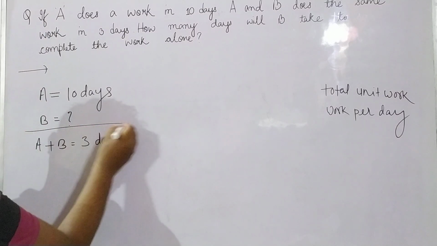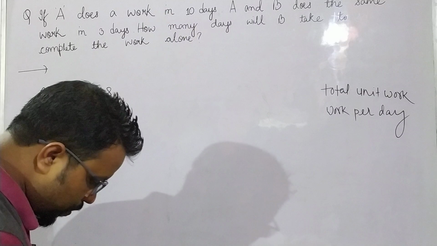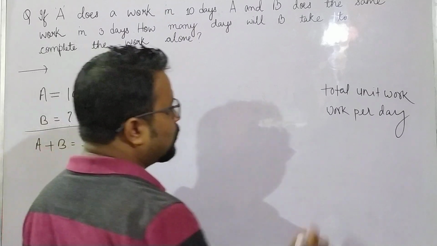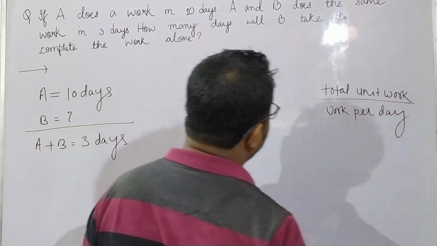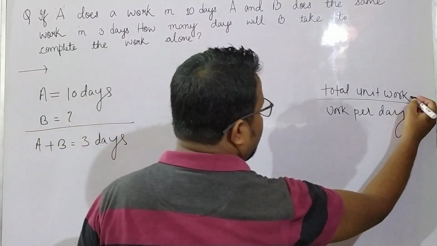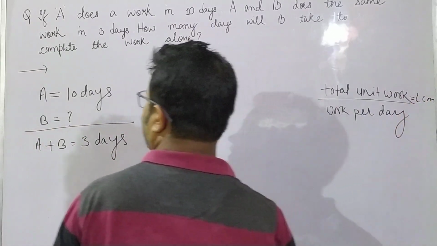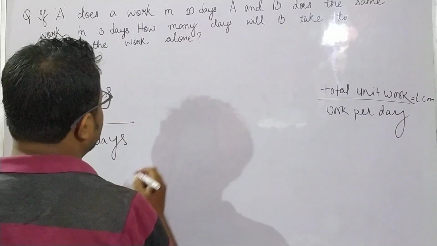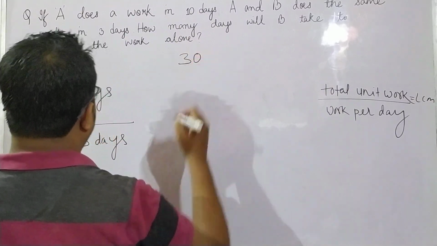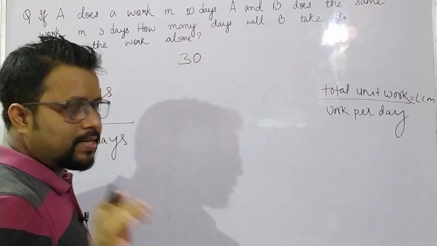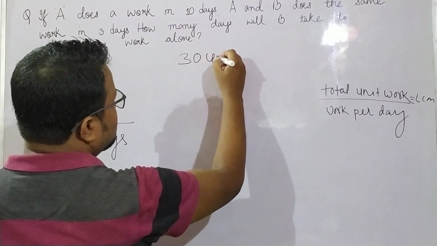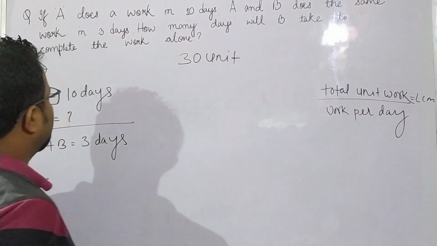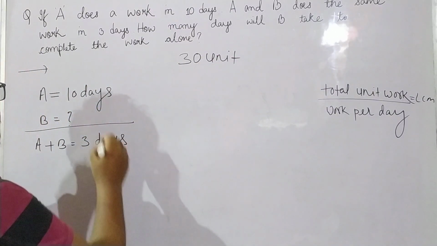Now again we will find the total unit work by LCM. The LCM of 3 and 10 is 30. So the total unit work is 30 units.